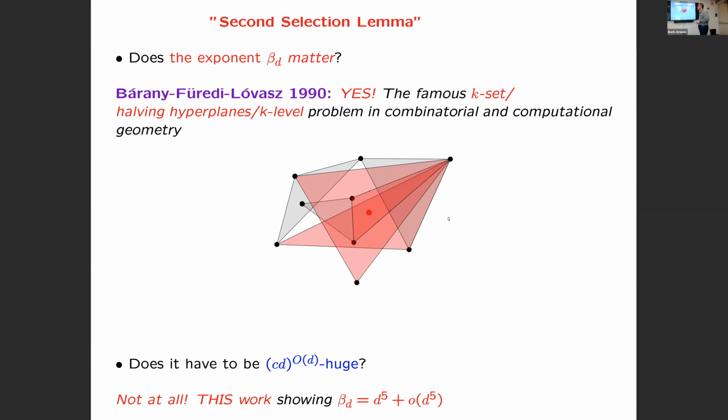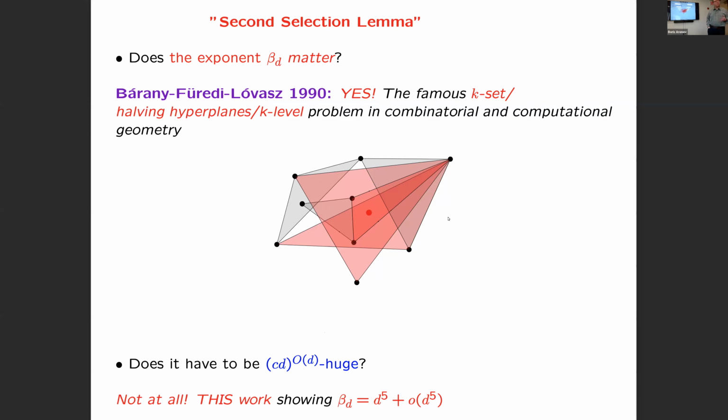The answer is yes, because the best known estimates for the notorious k-set, halving hyperplanes, k-level problems in computational geometry, currently in all dimensions 5 and higher, rest on this selection exponent.